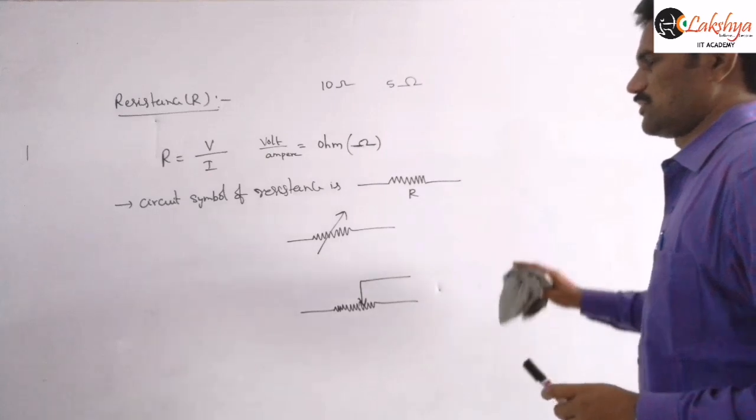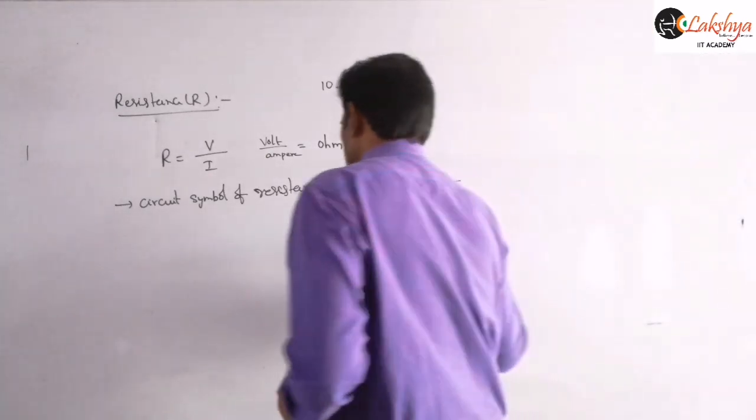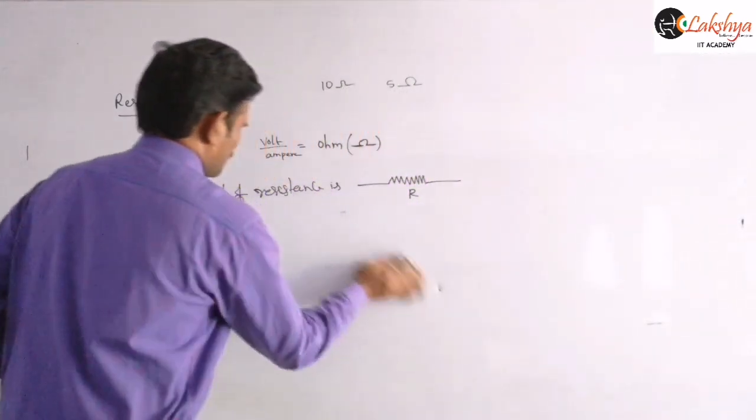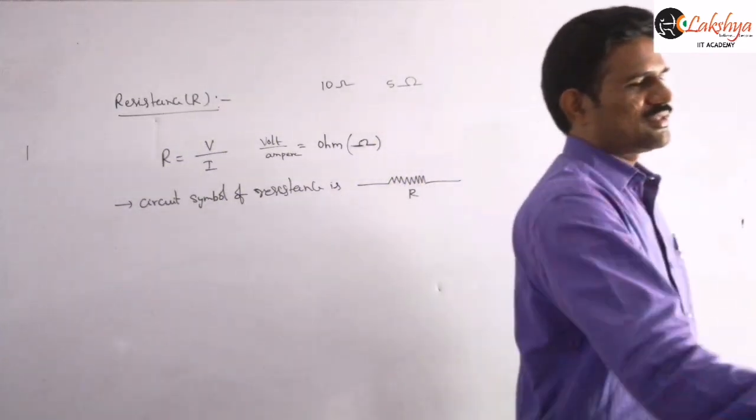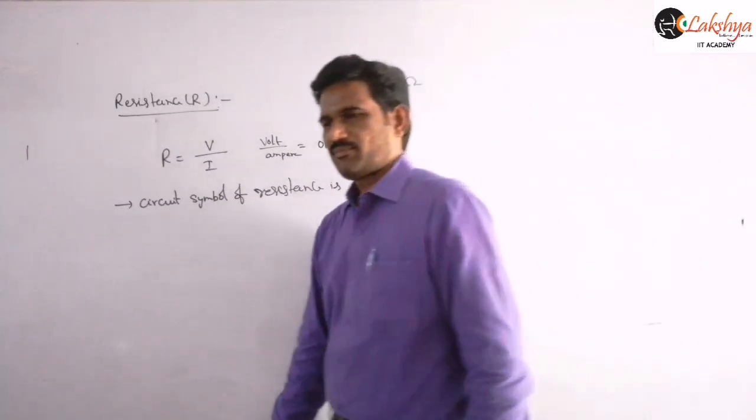That's a symbol there. And next here, this resistance will depend on some factors. Can you say on what factors this resistance depends?